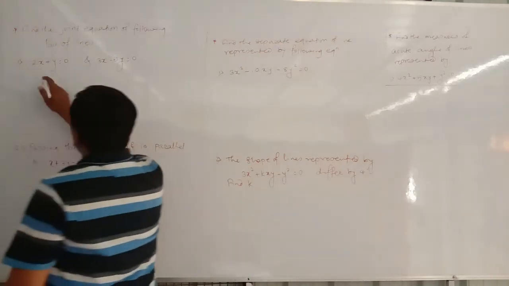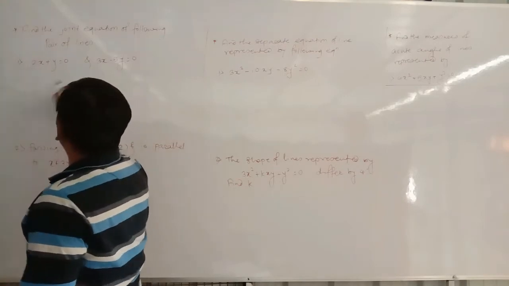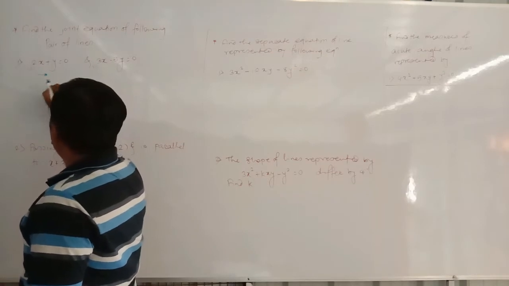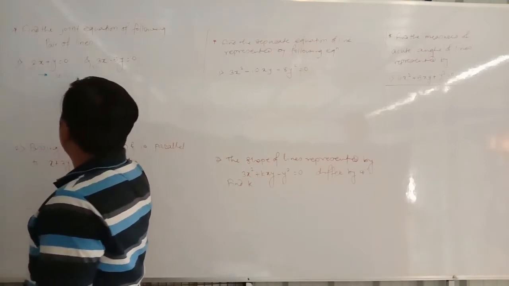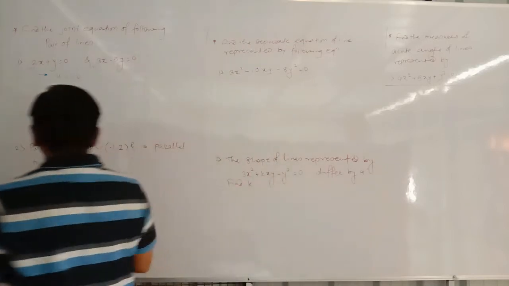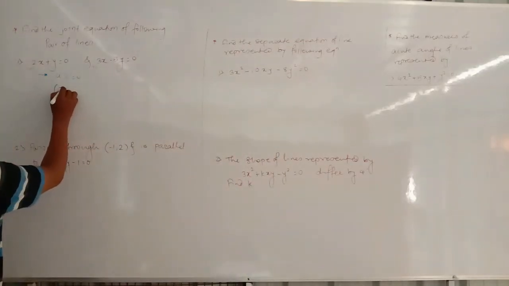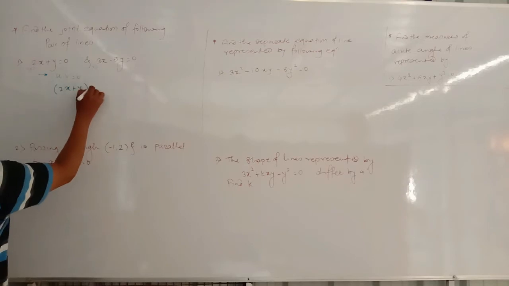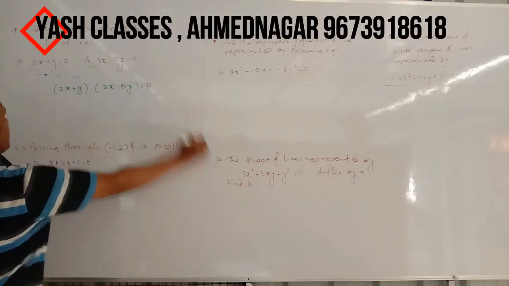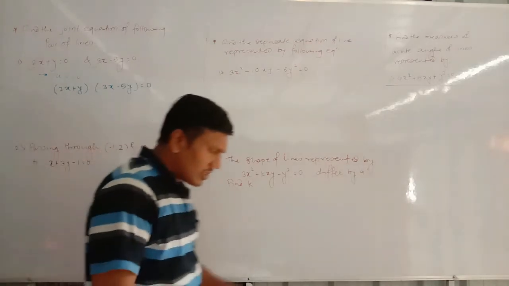This is our equation u and this is our equation v. Our combined equation is u into v is equal to 0. So we get 2x plus y into 3x minus 5y is equal to 0. This equation we have to solve.